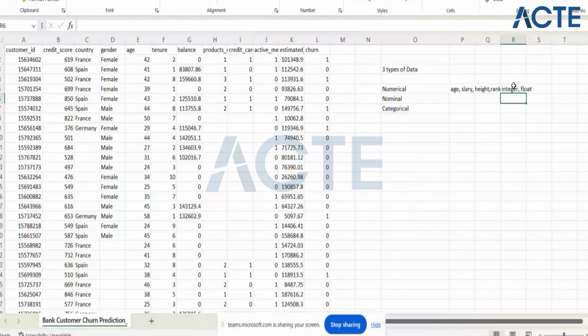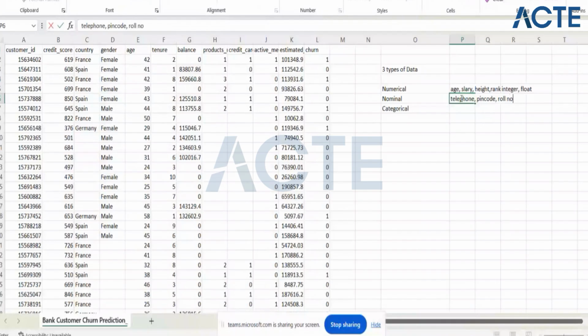And now next comes the nominal data. Nominal in the sense of what? Any number which is used for representation purposes only, right? Suppose your telephone number, your pin code, your roll number.